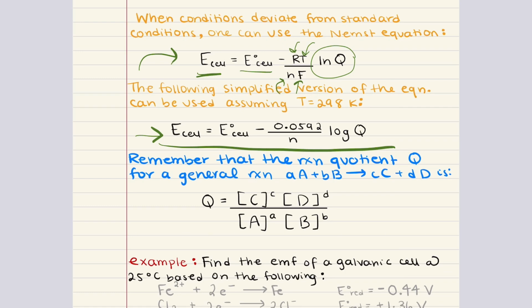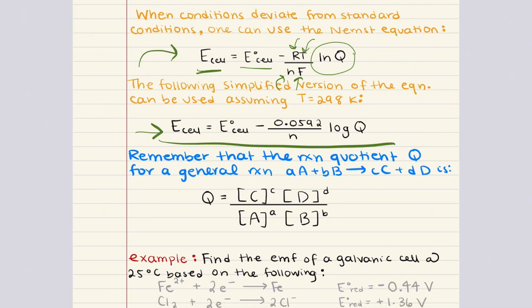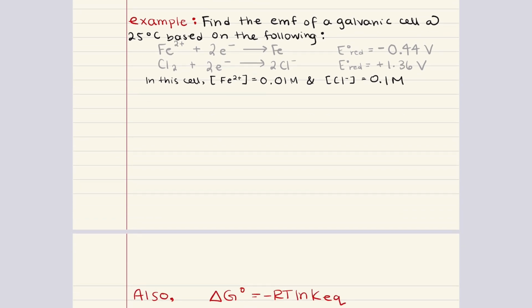Just as a friendly reminder, the reaction quotient for a general reaction is equal to the concentration of the products raised to their stoichiometric coefficients divided by the concentration of the reactants raised to their stoichiometric coefficients. Now, keeping that in mind, let's go ahead and tackle this practice problem.